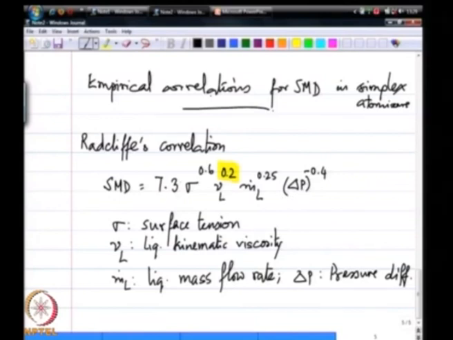So, this number 7.3 is expected to have some weird units to it, such that all of the quantities on the right hand side raised to those powers give you a length scale, give you units of micrometers or some drop size unit, which is what is on the left hand side of this equation. So, one of the biggest problems with an equation like this is that it is dimensionally incorrect.